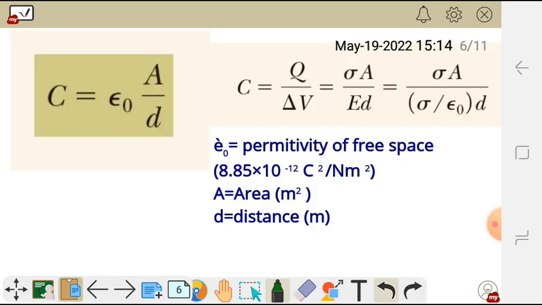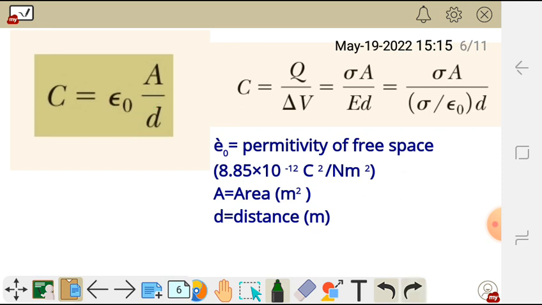We have another formula, which is capacitance is equal to the permittivity of free space, represented by epsilon, multiplied by area over distance.